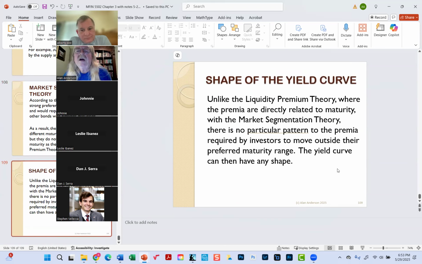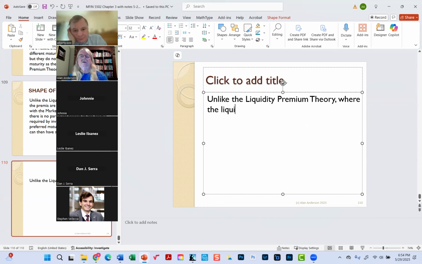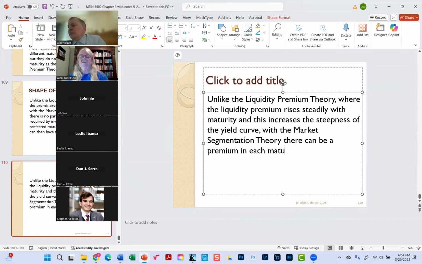So what that means then is that unlike the liquidity premium theory, where the liquidity premium rises steadily with maturity, and this increases the steepness, let's say, of the yield curve, with market segmentation theory there can be a premium in each maturity range that does not necessarily increase directly with maturity.